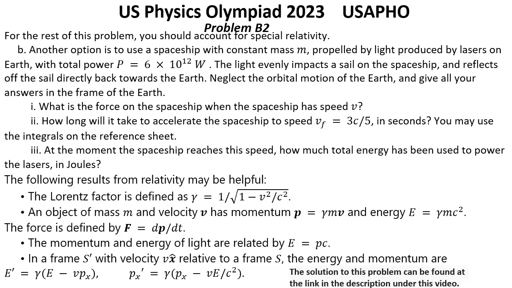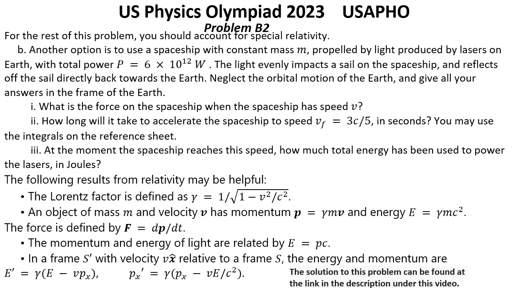Second, an object of mass m and velocity v has momentum p equal gamma mv and energy E equal gamma mc squared. The force is defined by F equal delta p over delta t.